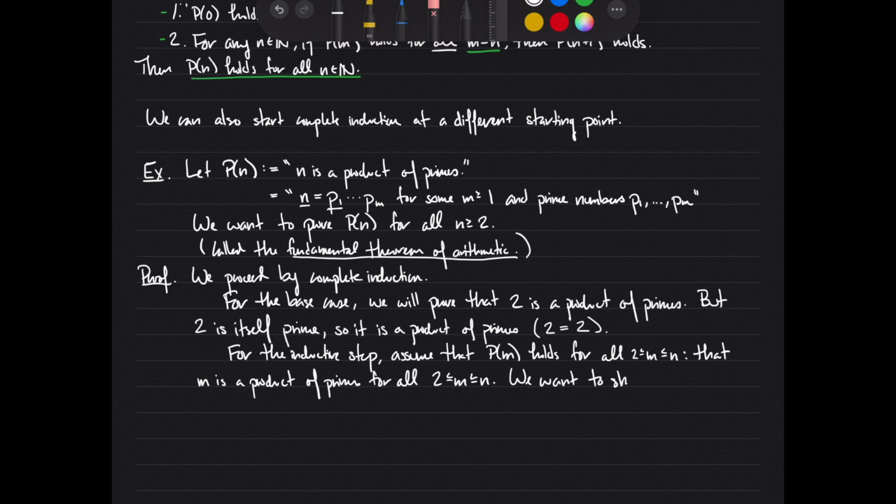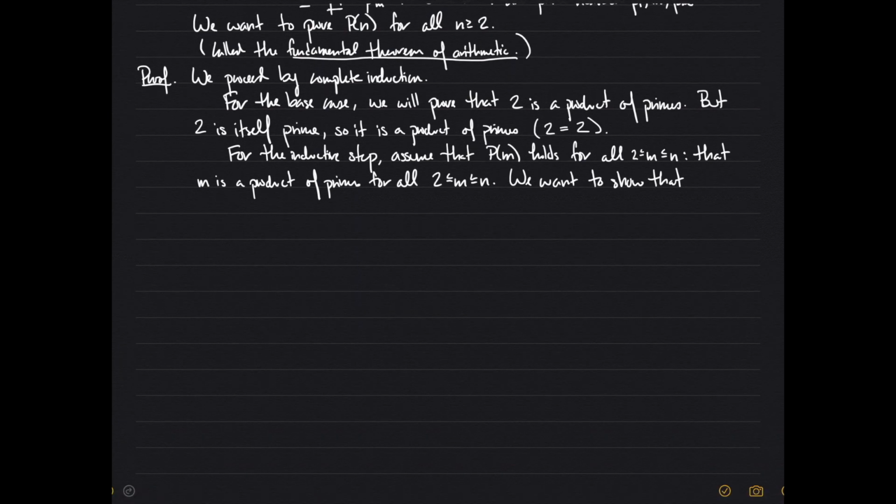We want to show that this is true for n plus 1. So we want to show that n plus 1 is a product of primes. Okay, so that's what we want to show.